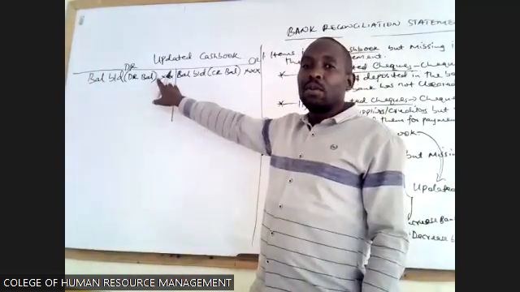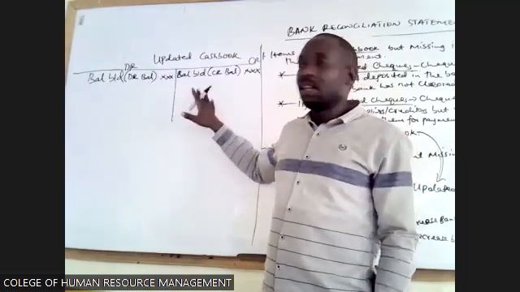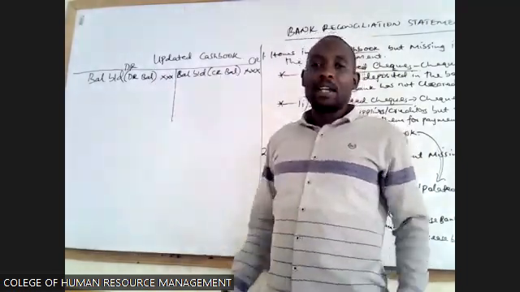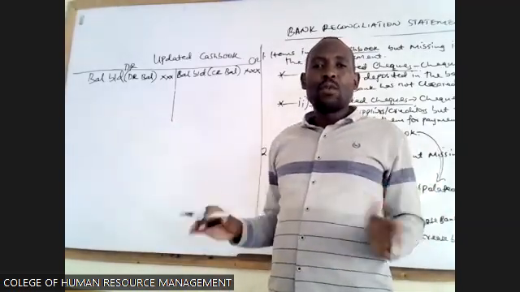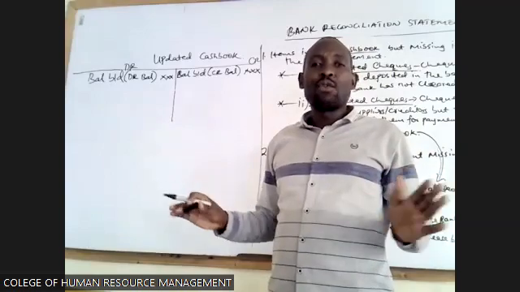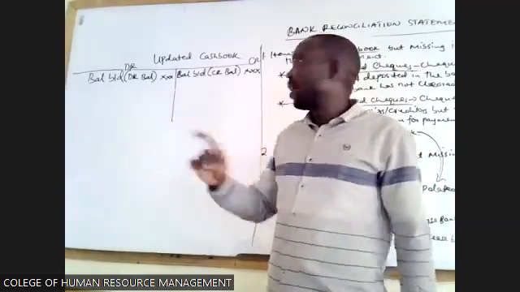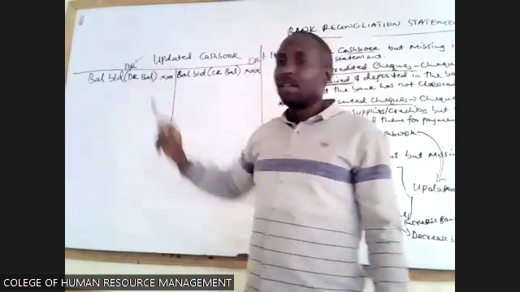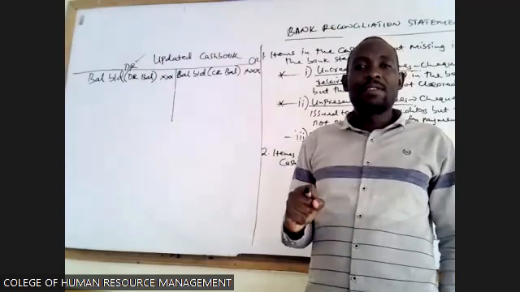If it was a cash book debit balance, put your balance there. If it was a credit balance, put it on the credit side, and then you proceed. But if the question does not tell you whether the cash book had a debit balance or a credit balance, if the question is silent, put it on the debit side.